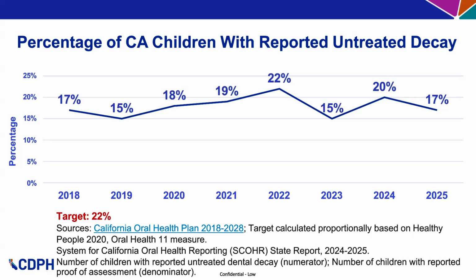From the most recent year's data, the trend line is again showing a positive trend. The overall trend has remained relatively stable and continuously below the target value of 22%, which shows that there has been improvement in this very important oral health outcome.